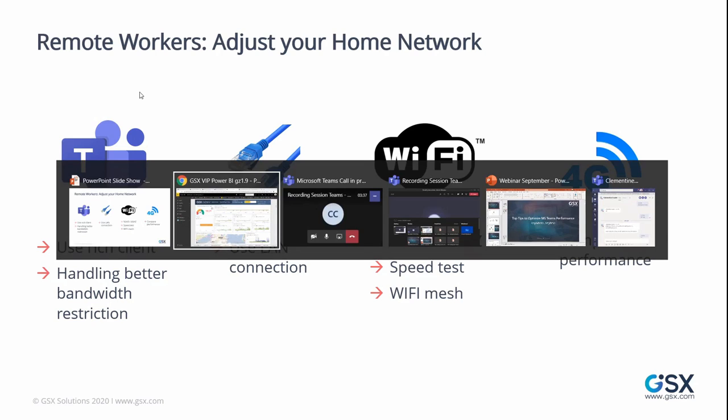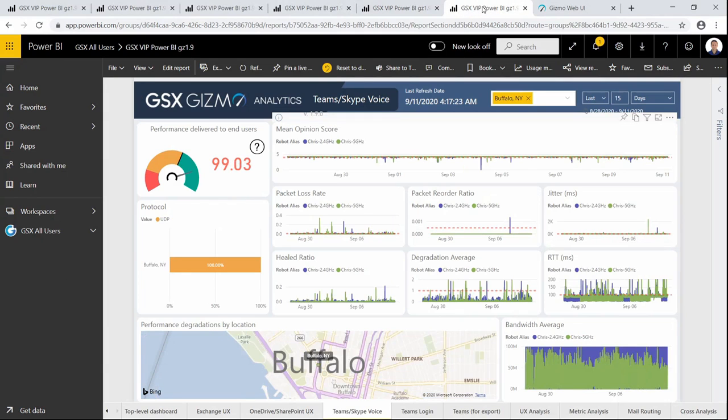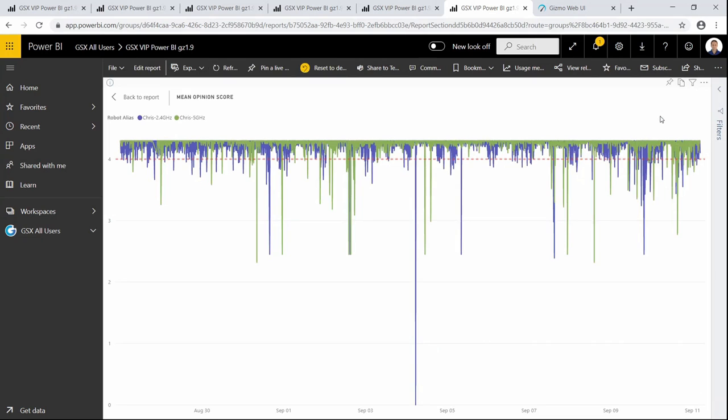We have done the test as well, and we can see the result over here in Buffalo, another office we have. Let's check again that beautiful mean opinion score. So we put two different robots at Chris' home to check in the same room, and one is 2.4G and the other one is 5. And what you can see is that the 5 is not that great, and so it really depends.